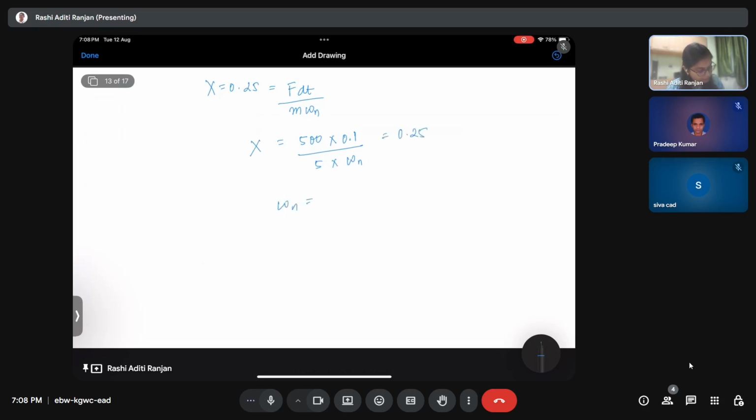So omega n, this is the equation that we get. Now upon solving this equation, we get the value of omega n as 40 radians per second.